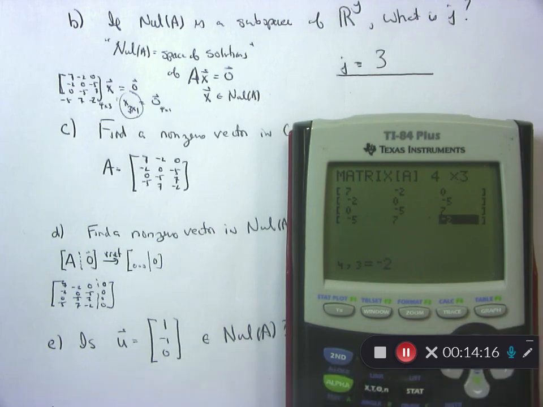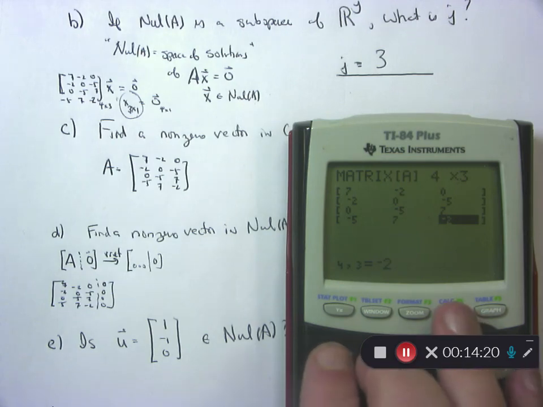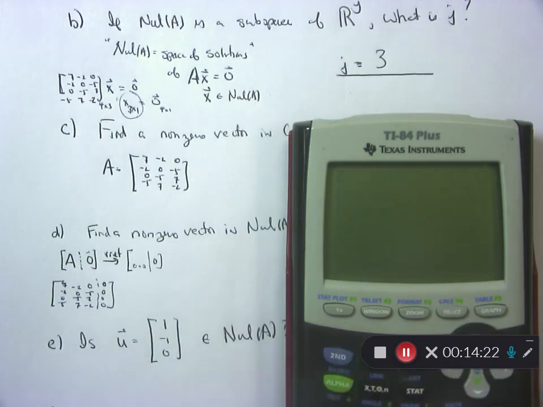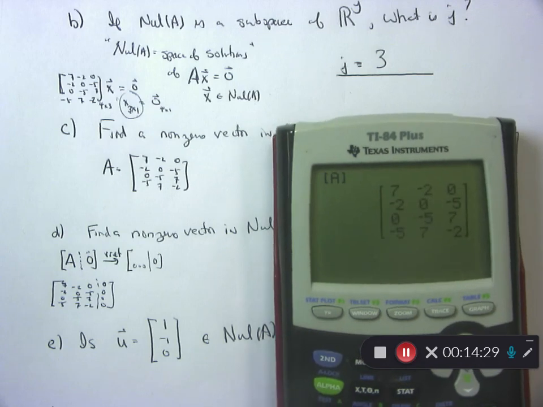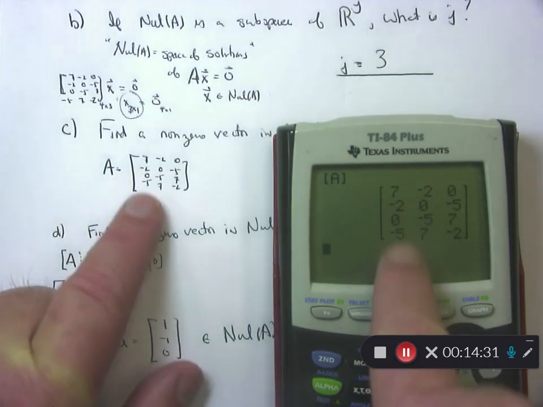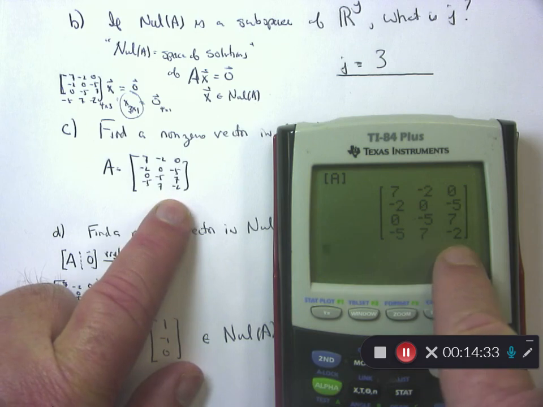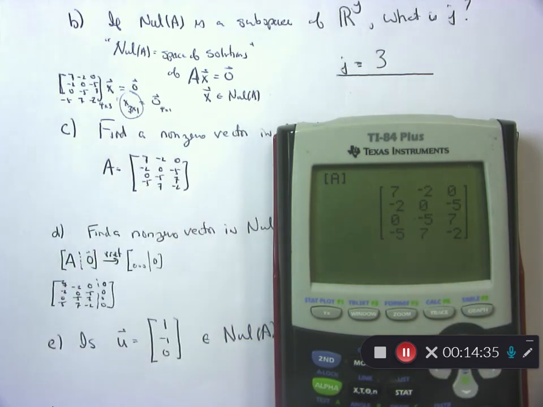I'm showing you some more math on the calculator, more being advantageous in our future. Second quit, I'm going to go back to matrix and just do names, call up matrix A, and I hit enter. And I always double check my matrix just to make sure that I did type it in correctly. Looks good. Now, what do we typically do with this guy? We reduce row echelon form this guy.